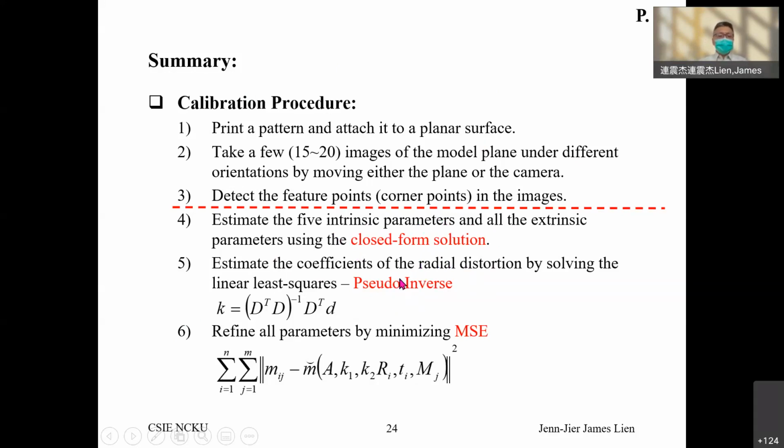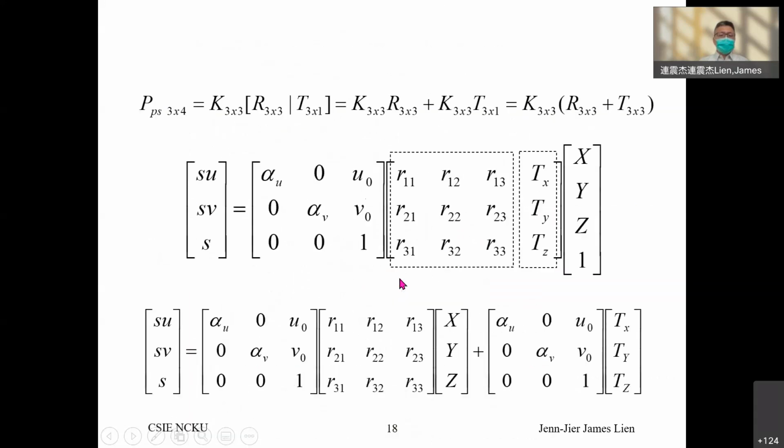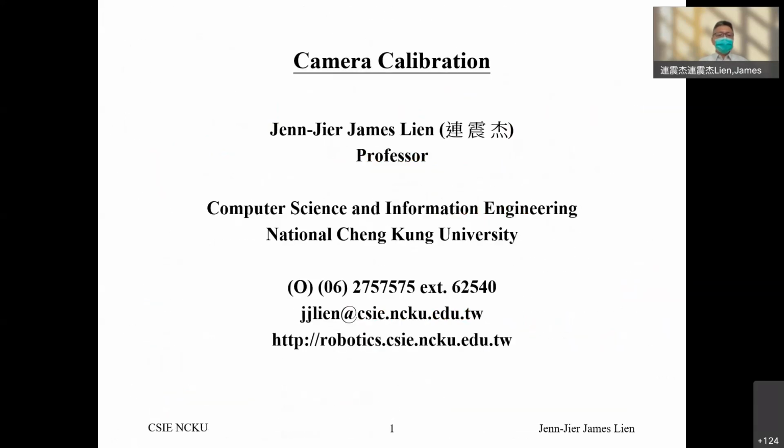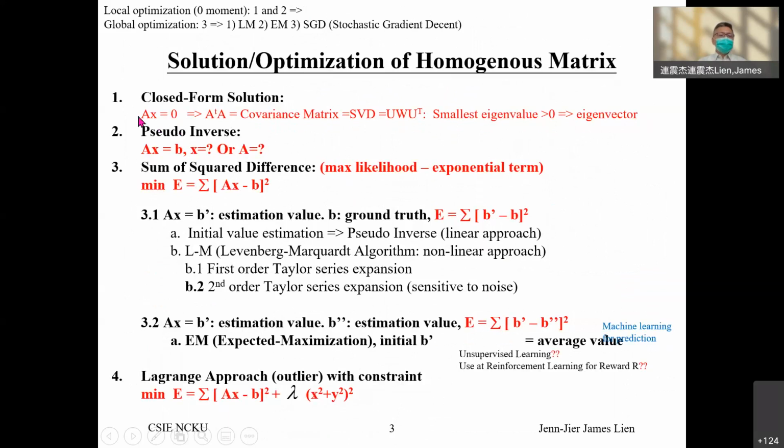As I said, you don't use them both twice. Because the intrinsic parameter is an AX equal to 0 problem, use closed form.